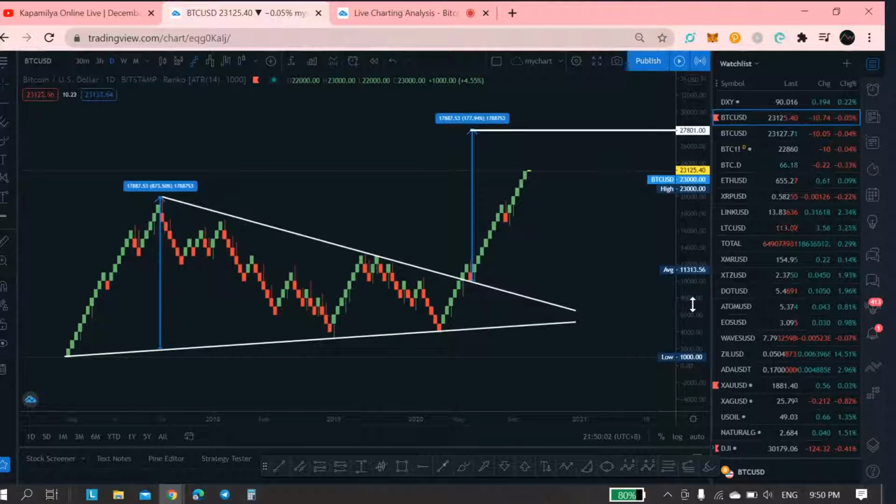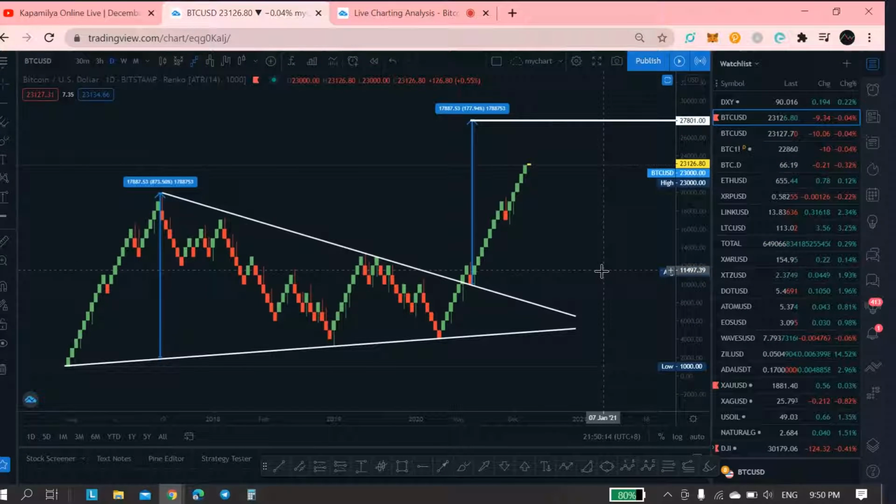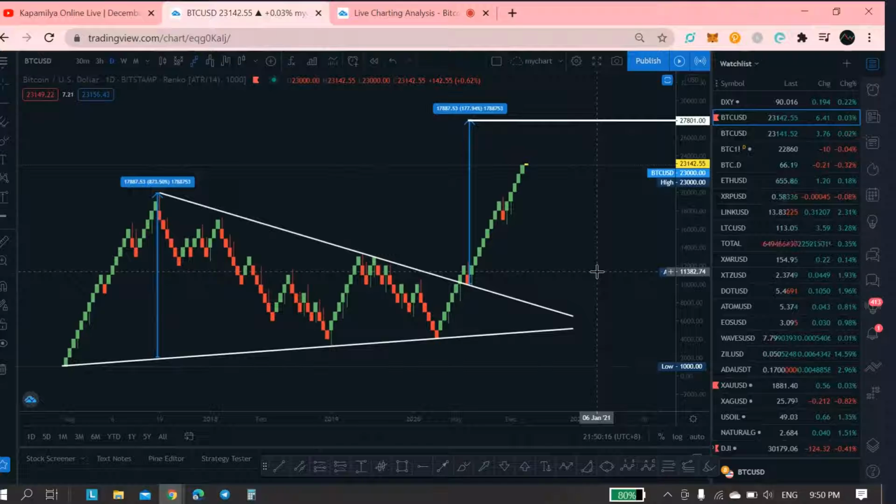Currently, BTC is trading at 23,125, the yellow line here. Congratulations to those who have long positions or bought during the global dump last March.